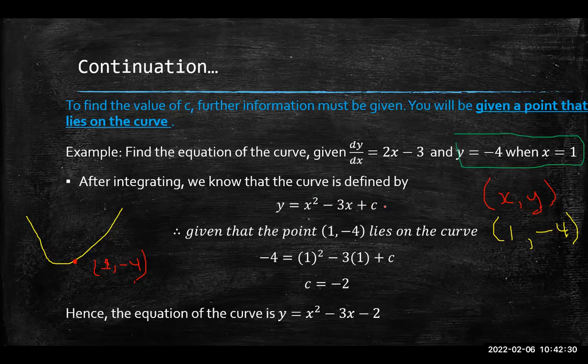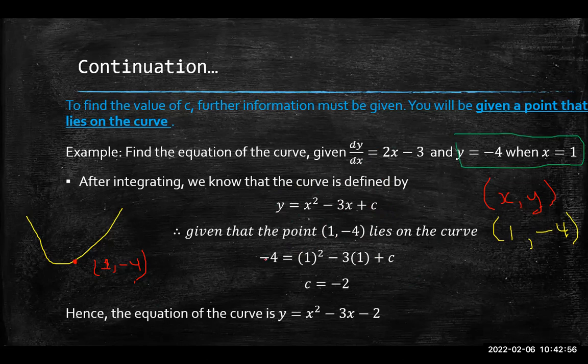That's what we did just now by integrating the gradient function. But we said we need to find the value of c. How do we do that? We substitute the point that they gave us, just like we did with coordinate geometry. Given that the point (1, minus 4) lies on the curve, all you're doing is substituting those values into this equation to find the value of c.